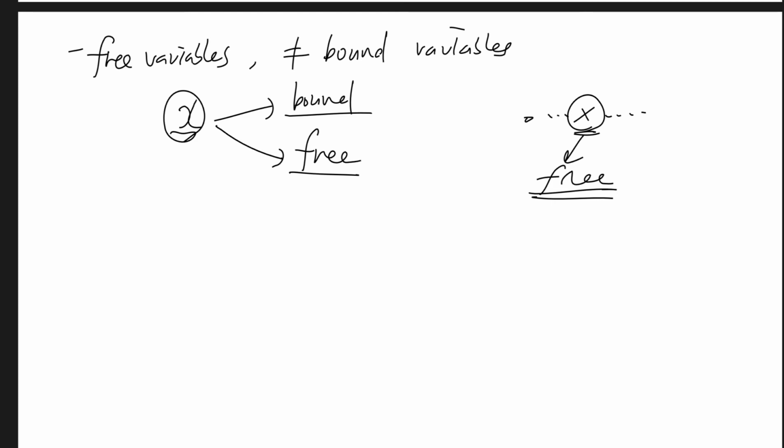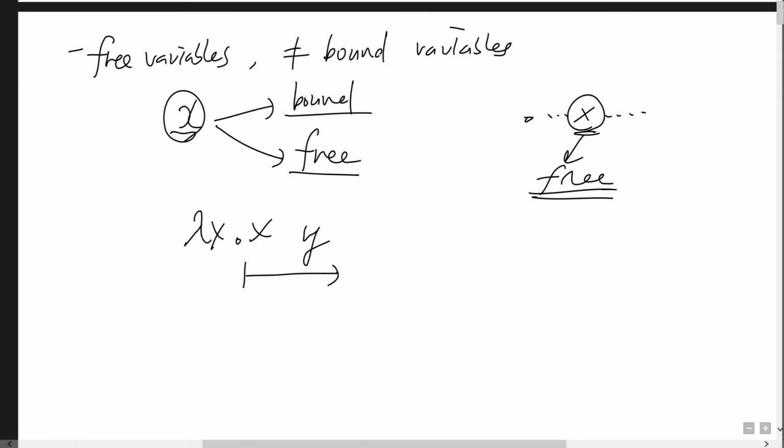So here's an example, lambda x, x y. Recall that the scope of the body of a lambda expression extends as far to the right as possible. So you can imagine that there are parentheses omitted here.